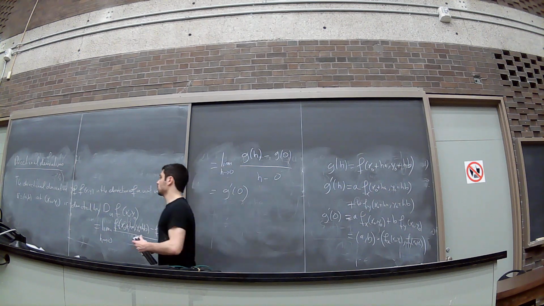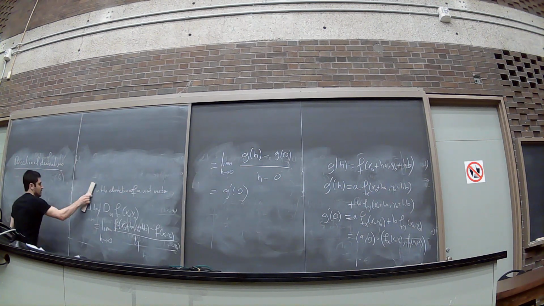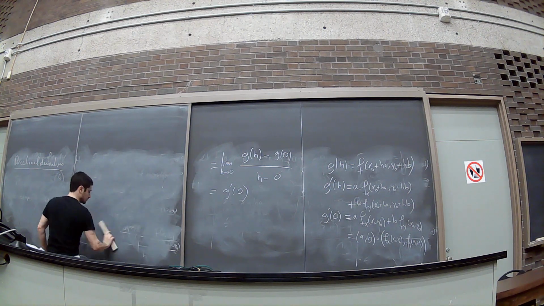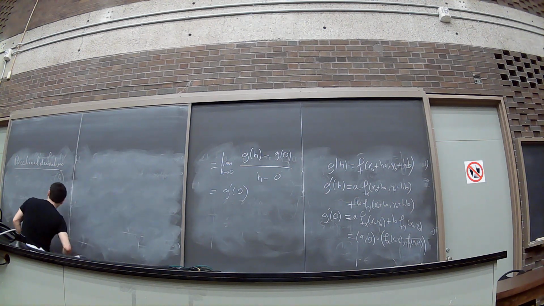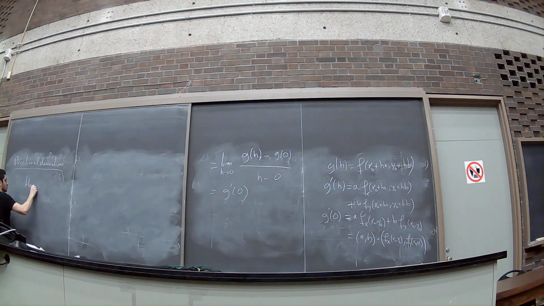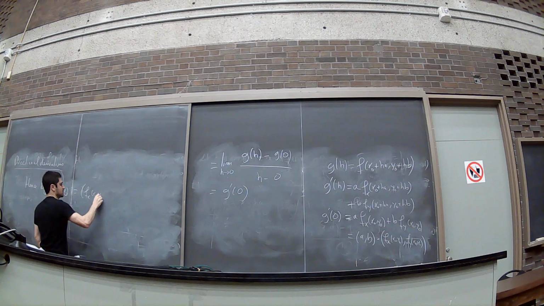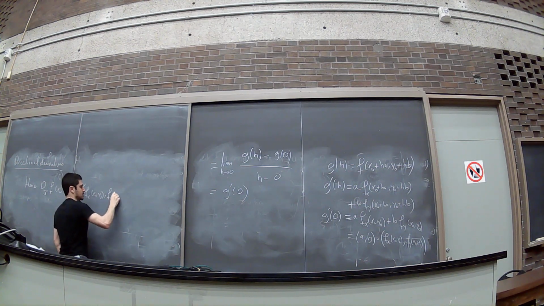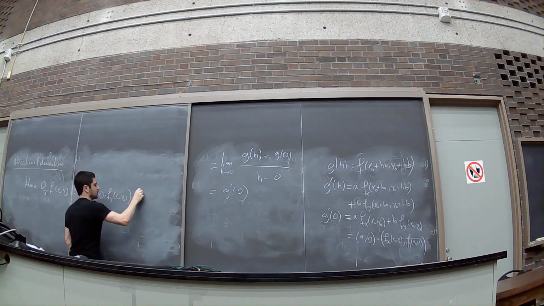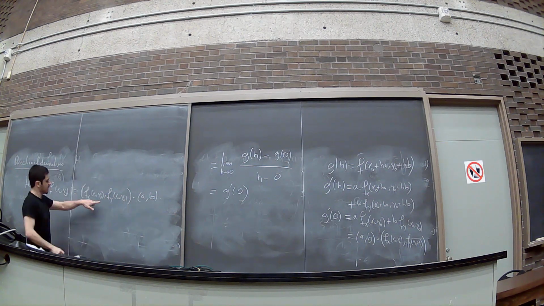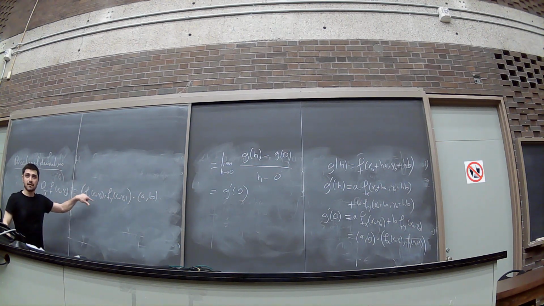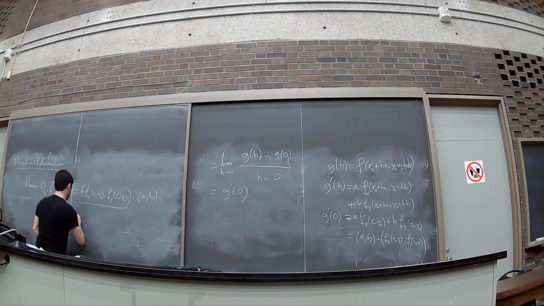So hence D_u f(x0, y0) is f_x(x0, y0), f_y(x0, y0) dot u. This vector we call the gradient, (f_x, f_y).